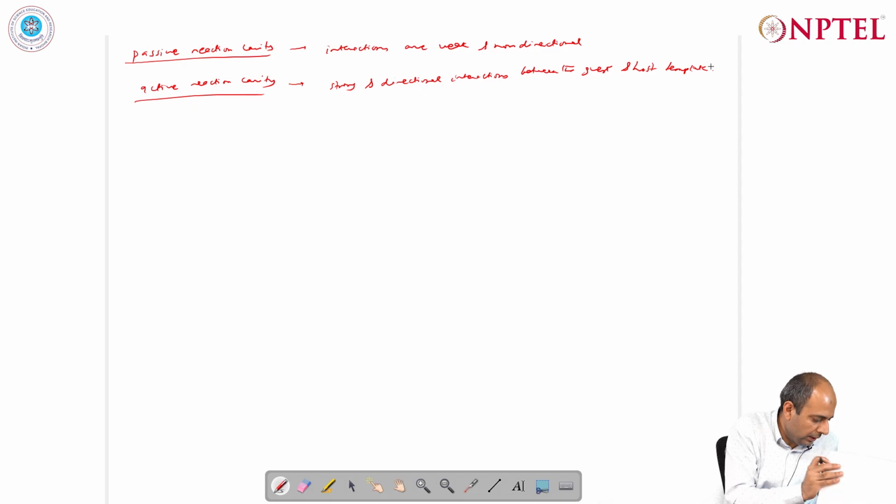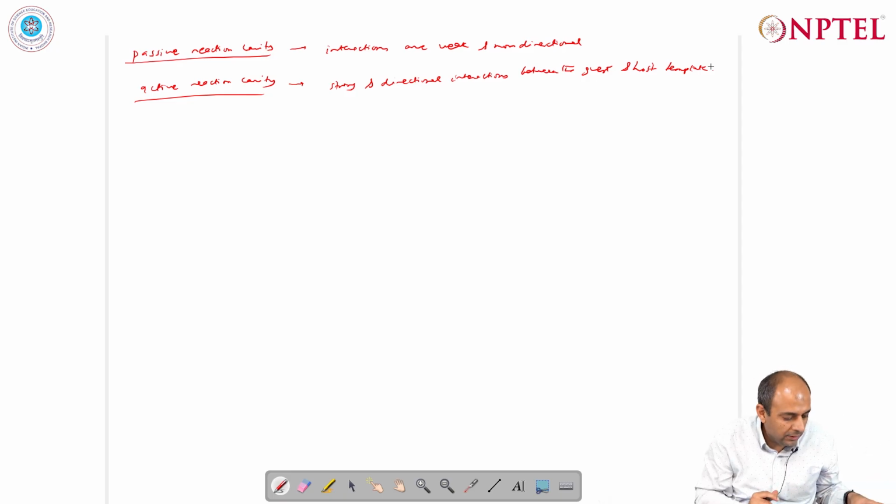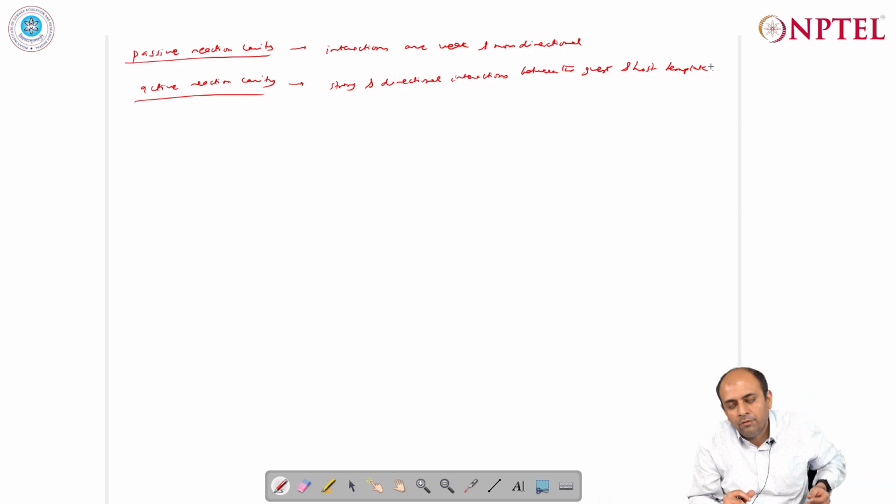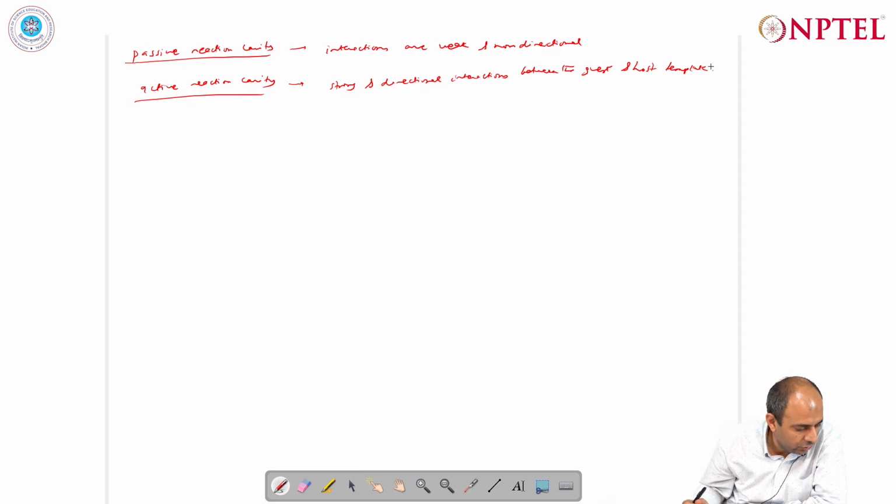So now we are going to look at some of the important applications of the reaction cavity model, which is able to bring about certain photodimerization reactions. So for example, the next example is dimerization of coumarin.